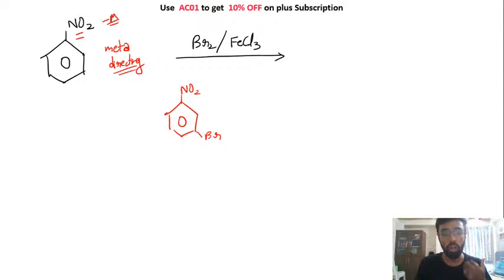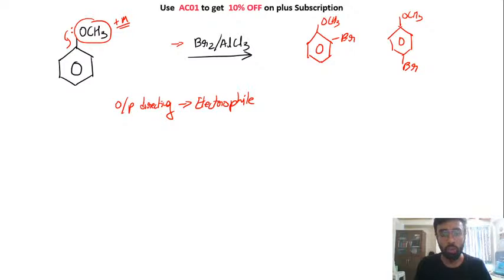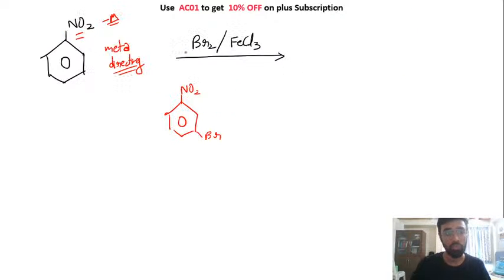If you want the bromine on the ortho para position, you can use a plus M group. These processes are very important to understand because you are learning how to make different products, right? So we have seen how to substitute your bromine at ortho para position. If you want a meta substituted bromine, you need a minus M group here. These things are very, very important.